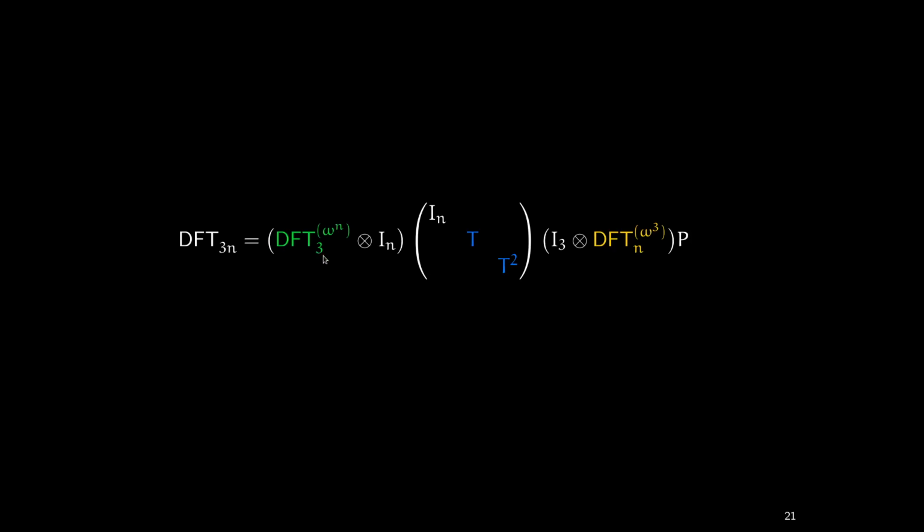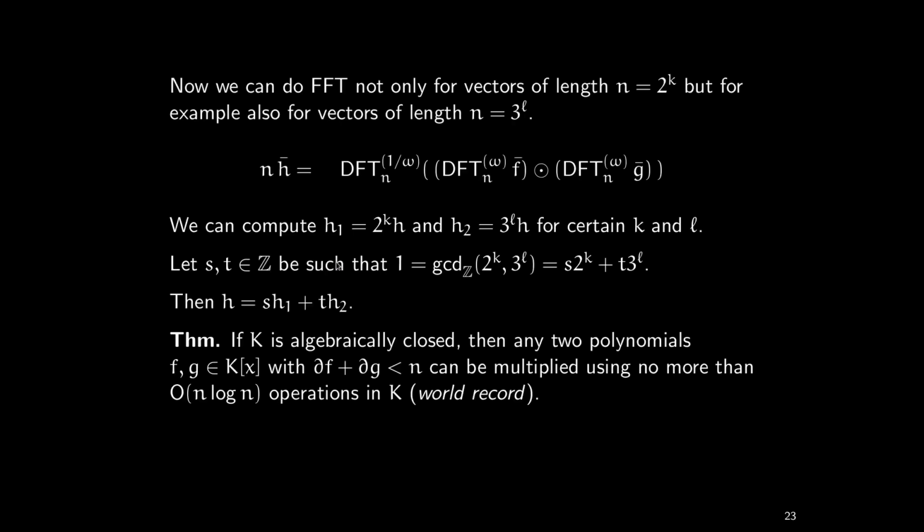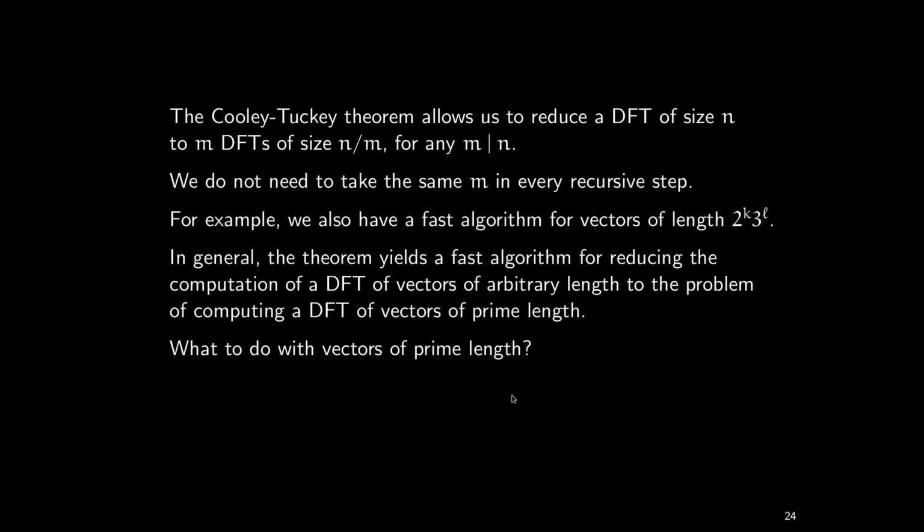If m is fixed, well then there's no problem, I just write it in the code what has to be done there. But if m is also variable, well then I have to worry about how to do this DFT. Maybe it's just a small one, but I cannot hope that it is always a small one if I want to have an algorithm that efficiently computes the DFT for vectors of arbitrary length.